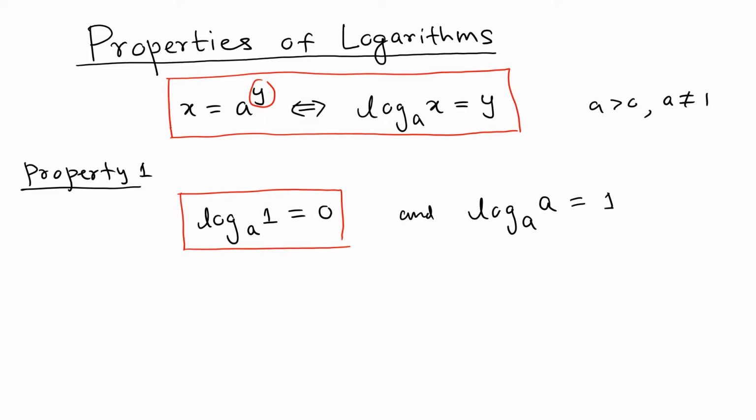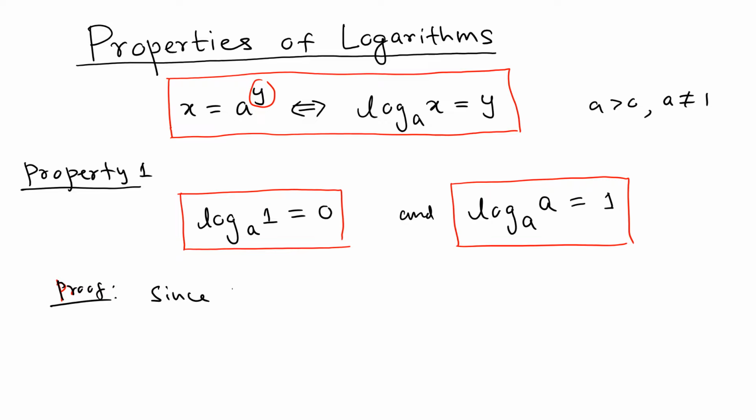This is easy to prove using the definition. So let's talk about the proof. We know that 1 is a to the 0. We know that a is not equal to 0, so we can write it like that. So if you write this in the log form, this means that log to the base a of 1 has to be 0 because that's the index.